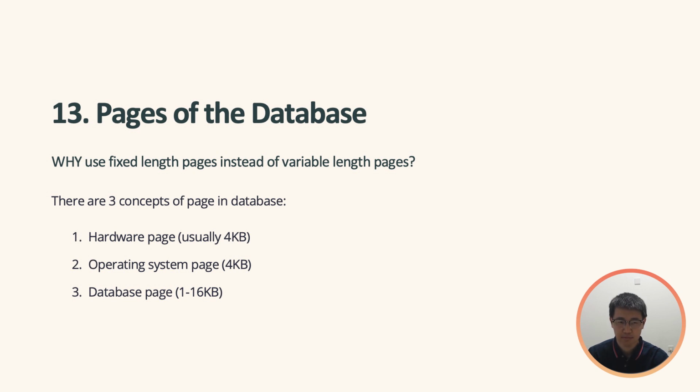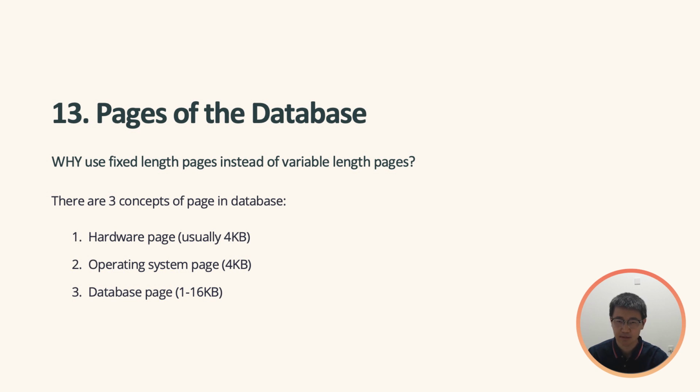Using variable length pages can also lead to fragmentation issues. For instance, when a variable length page is deleted, it can leave behind fragments of different sizes, 4 KB, 8 KB, 16 KB, making it challenging for the database to efficiently fill these fragments. This process would require additional overhead for addressing and flushing the pages to the disk.